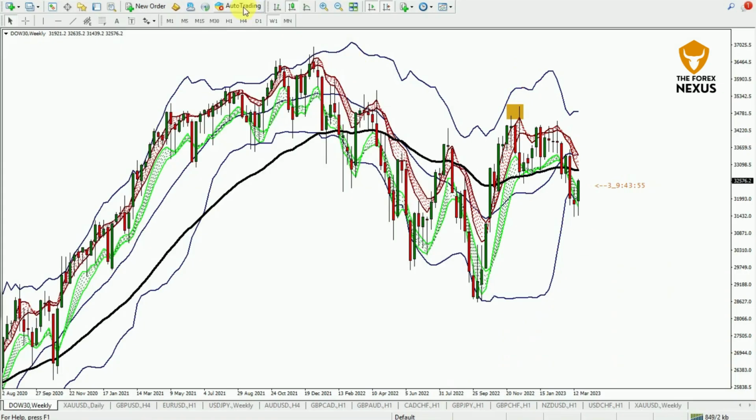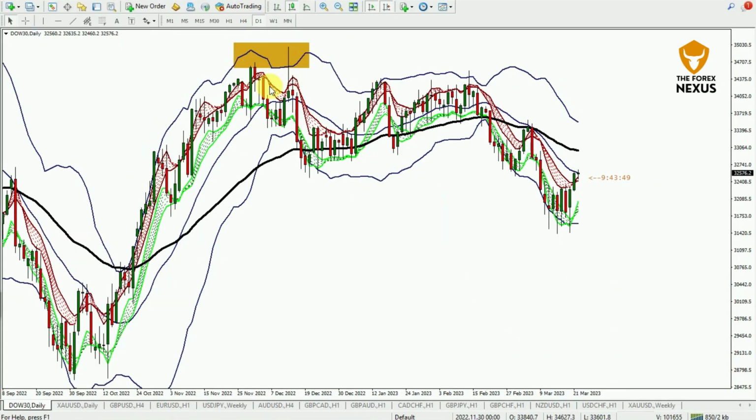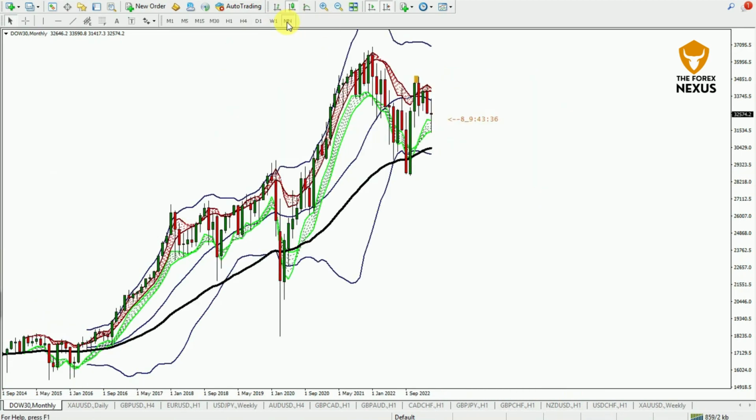Also on the daily time frame you can see it's flat. It means that the market is coming back for a re-entry on the monthly time frame. These are the reversal signs that the market is coming down for a re-entry.